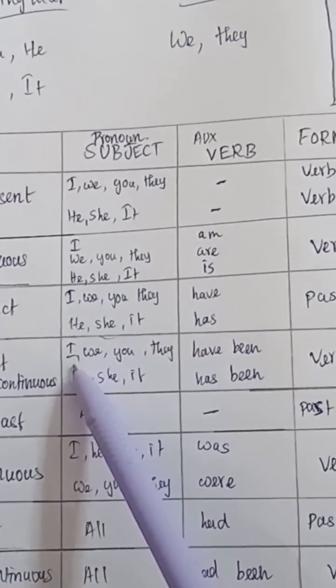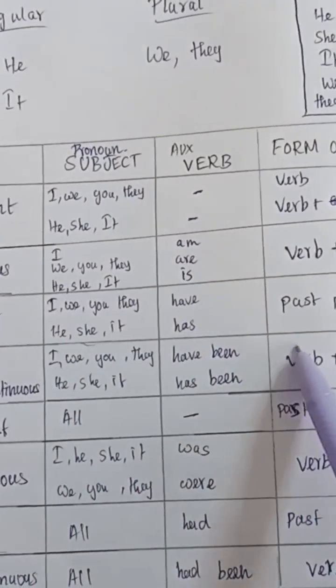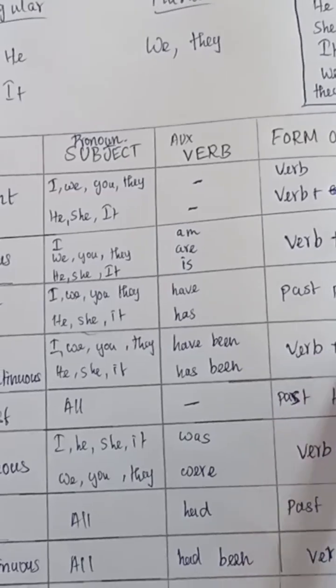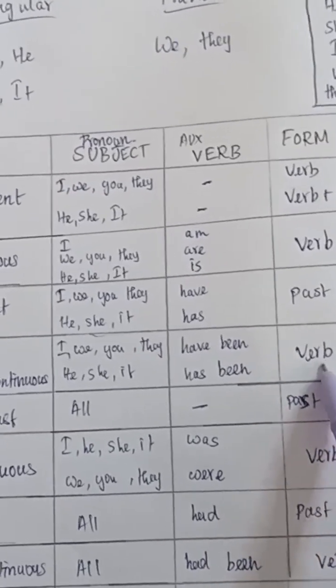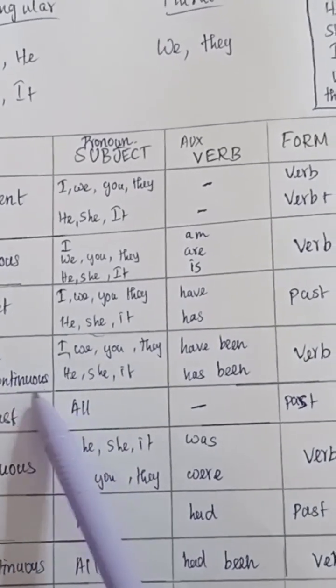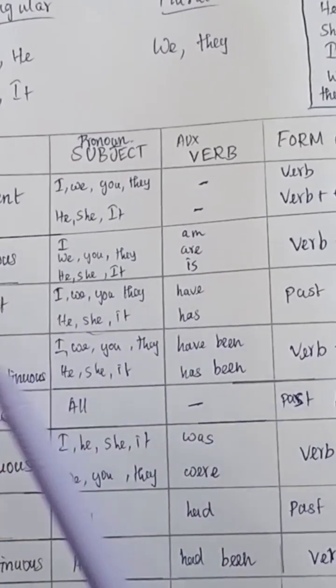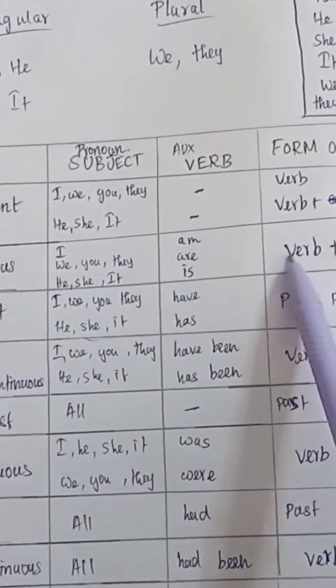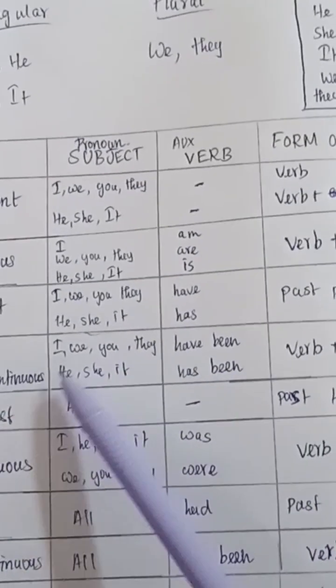So I have been, and here we should not add the past participle. The rule is we should add the ing form. Why? Because here continuous is coming, so it is a combination of both. So we are writing have from here, and we are writing verb plus ing because it is a continuous one.